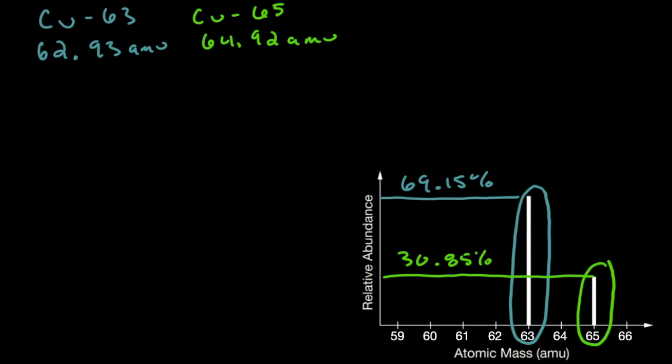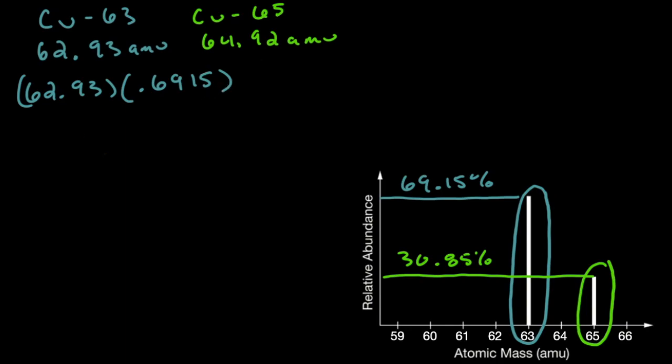To figure that out, we'll do 62.93 for the atomic mass units for this one, and then multiply by the percent in decimal form, which would be 0.6915.